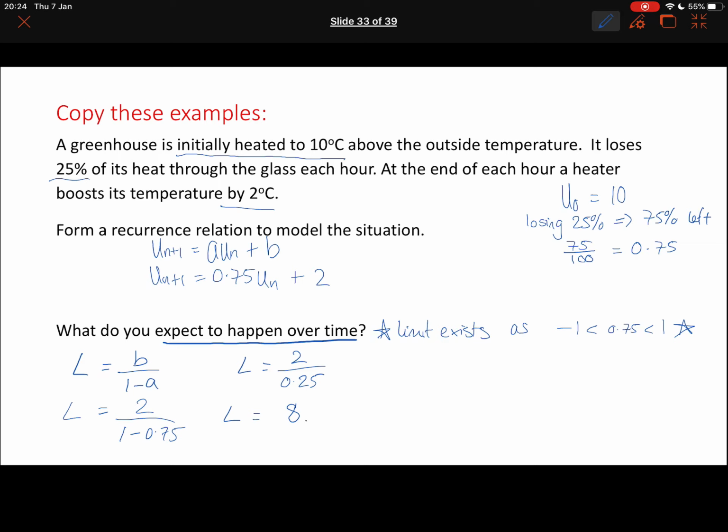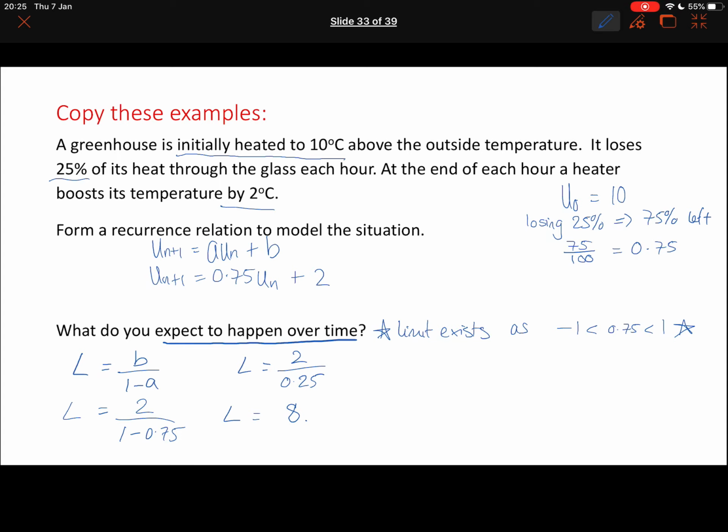So what we've got to do now is look at what this means in the context of our question. So it's saying, what do you expect to happen over time? Well, our limit's going to approach 8. That means that over time, the heat in the greenhouse is going to stabilise at 8 degrees.